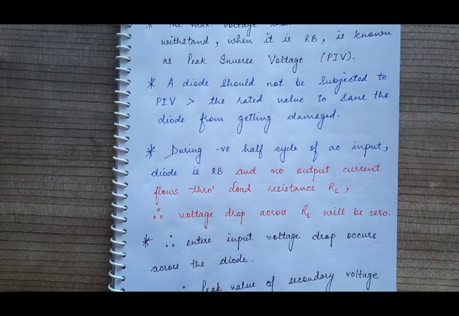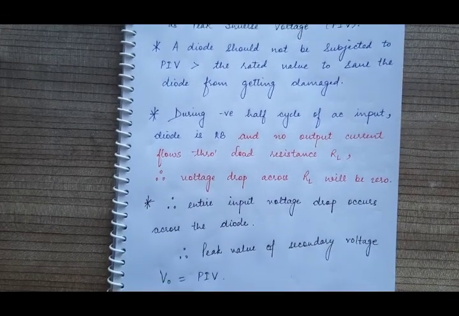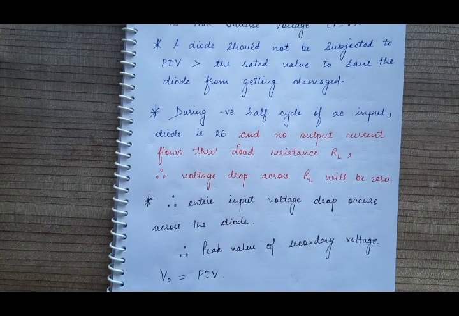So the maximum voltage which a diode can withstand in the case of a half wave rectifier is V0. So V0 is the peak inverse voltage in the case of a half wave rectifier. So this is all about peak inverse voltage.